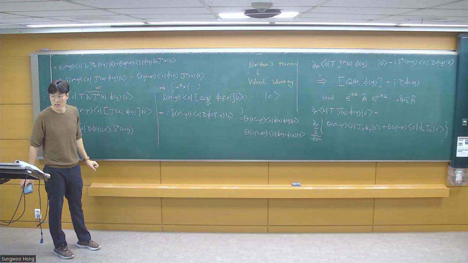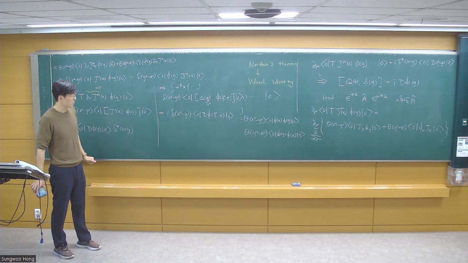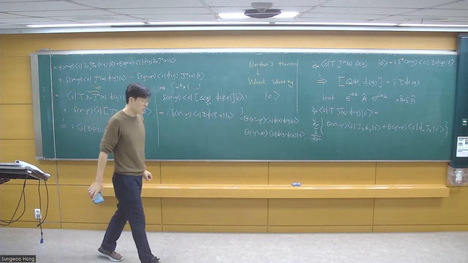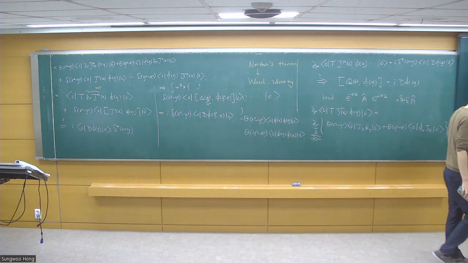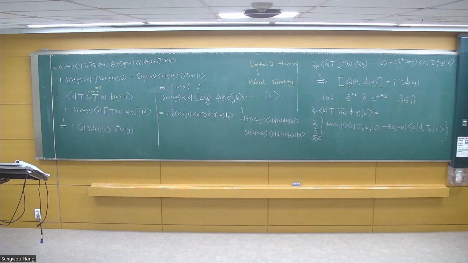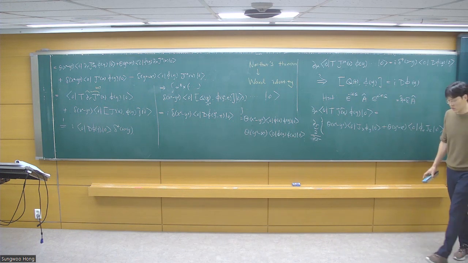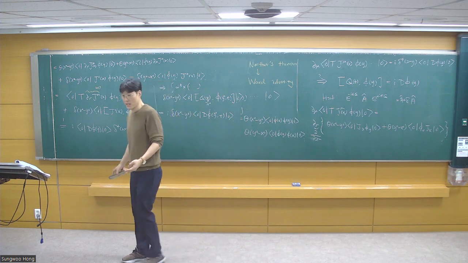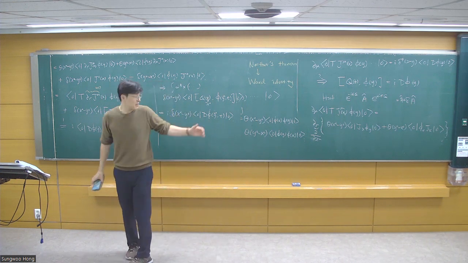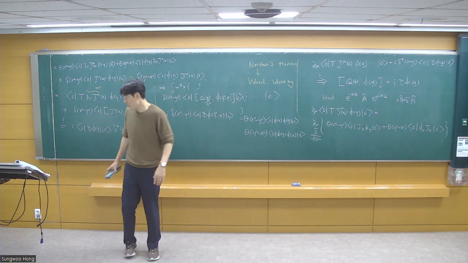I wonder whether there is a relationship between time ordering and causality. So first of all, time ordering is a notation, just like normal ordering, to mean something specific. In this sense, notation.